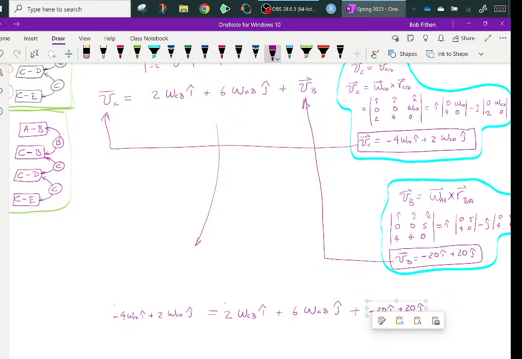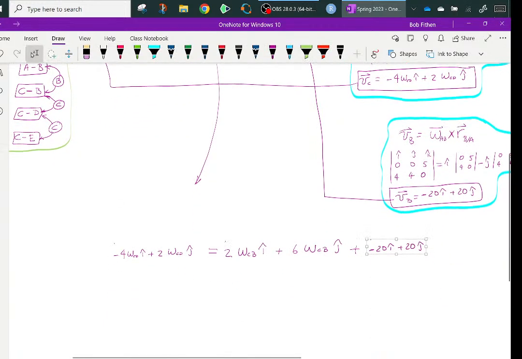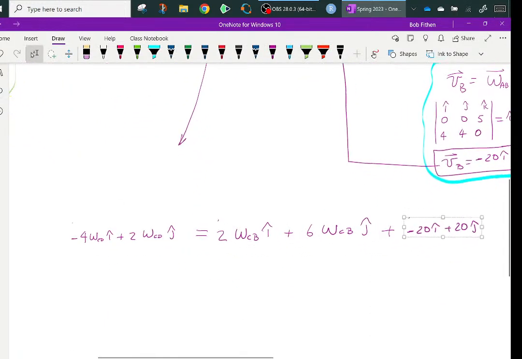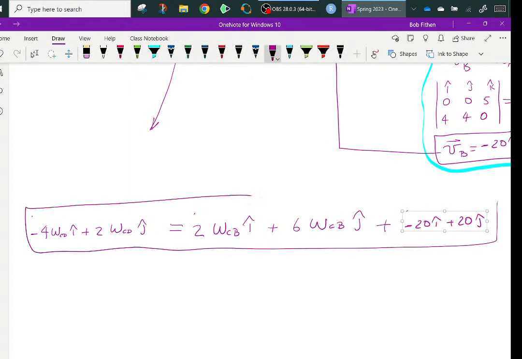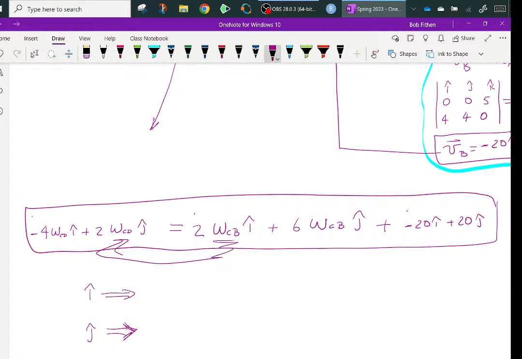VC and VB. Okay. Now, if you stare at this thing long enough, you realize you have an equation for I and an equation for J. And you also have two unknowns. You have this and that. So what I'm going to do is identify the I's, and then I'm going to identify the J's.